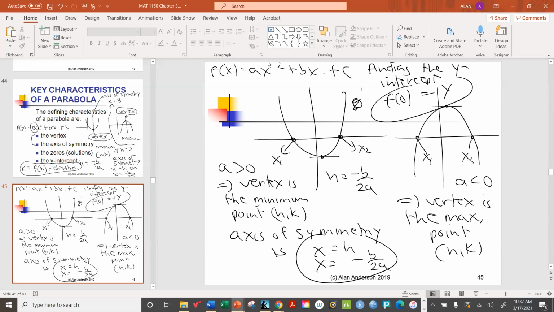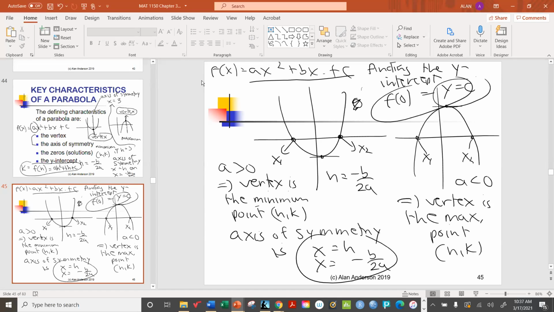Wherever x is 0, you're on the vertical axis, and whatever the value of y is, that's the y-intercept. And in fact, because of the way this is written, that's going to equal c. The constant has to be the y-intercept. That could coincide with the vertex, but it doesn't have to.